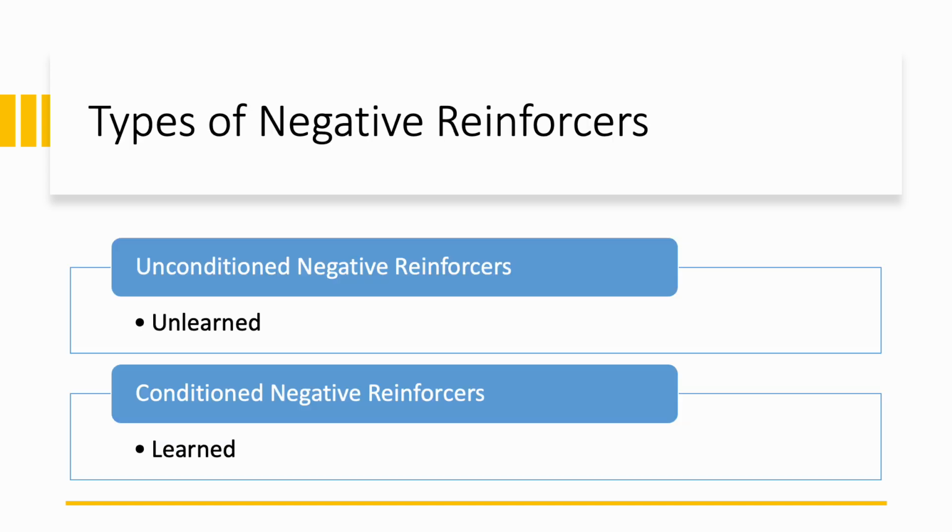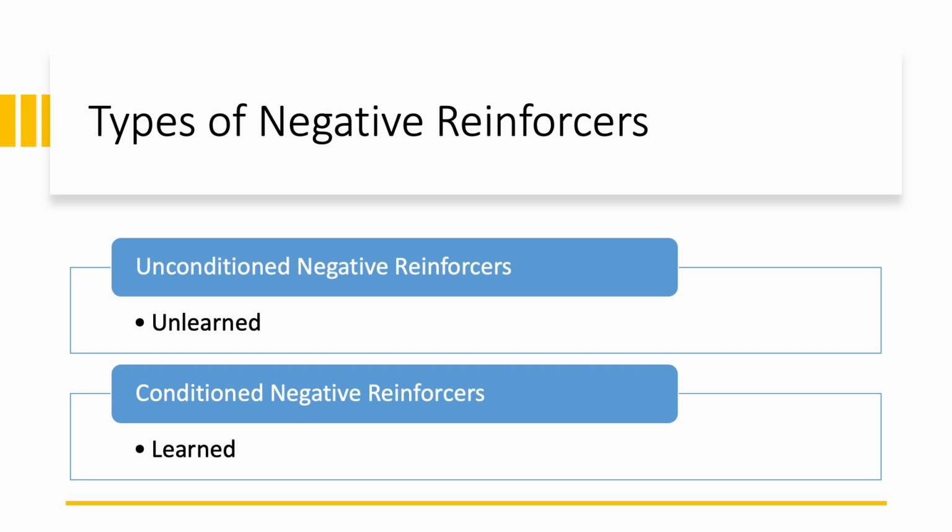To continue breaking down negative reinforcement, it's important that we understand the types of negative reinforcers that exist. We have our unconditioned negative reinforcers, and then we have our conditioned negative reinforcers. This is going to be really similar to what you've learned before about unconditioned reinforcers and conditioned reinforcers, except here we're talking specifically about negative reinforcers.